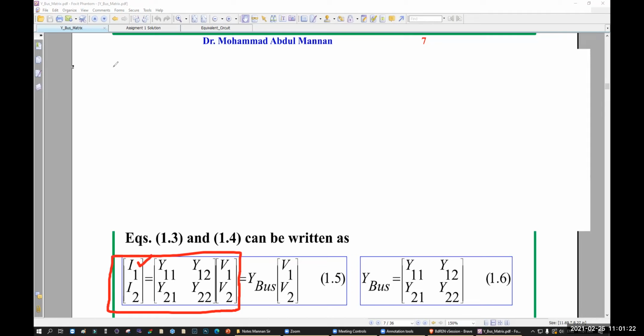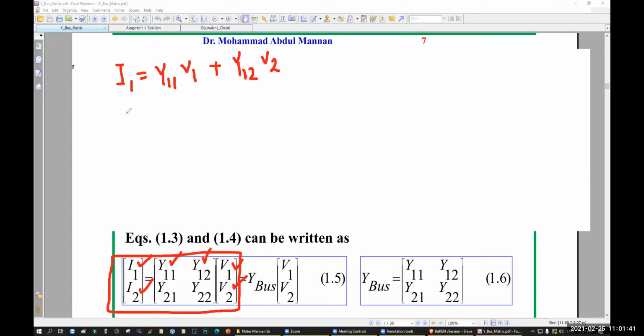Now I1 will be Y11 into V1 plus Y12 into V2.